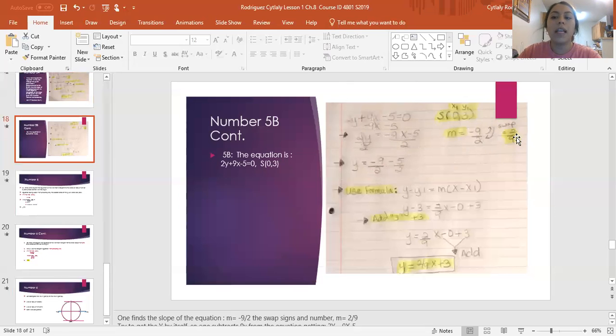We're going to swap that and get 2 divided by 9, because this is our slope. We have to swap. So if it was negative, it now becomes positive, and then the bottom number goes up and the top number goes down. So this is our slope, I'm sorry.